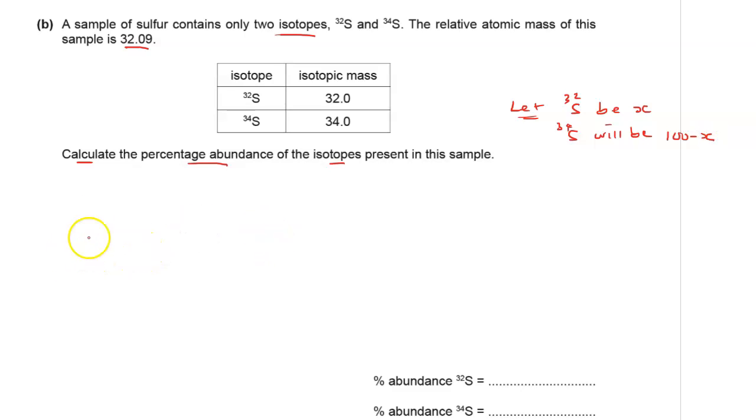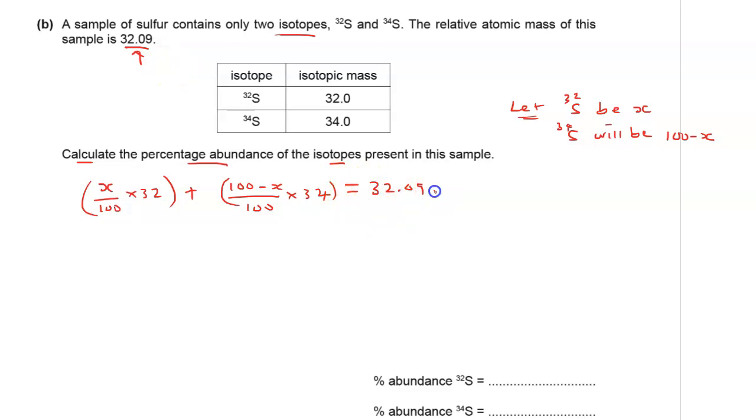So with that, we can now write the equation here: X over 100 times 32, this isotopic mass here, plus for the 34, this divided by 100 times 34, and we are told this is equal to 32.09.